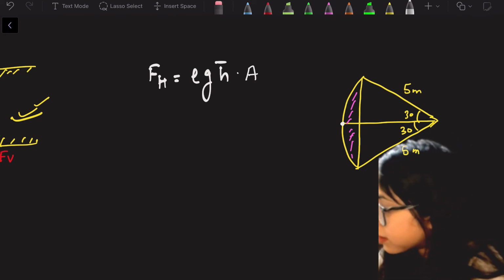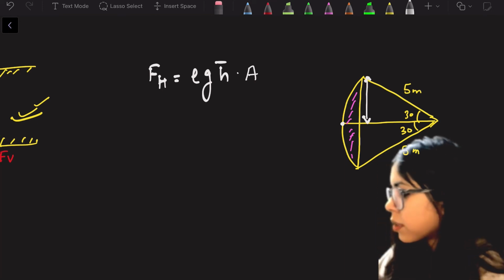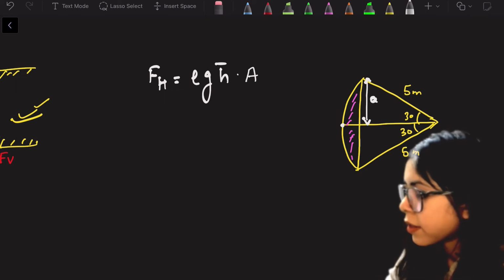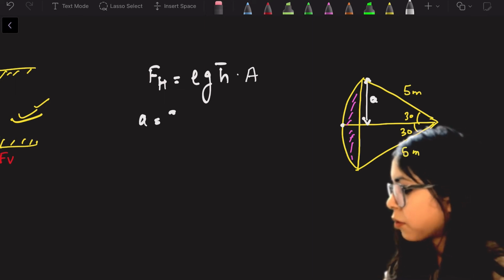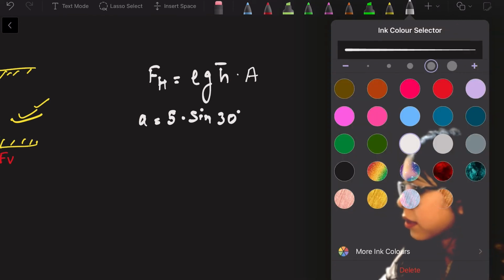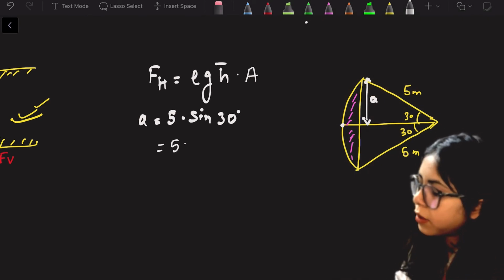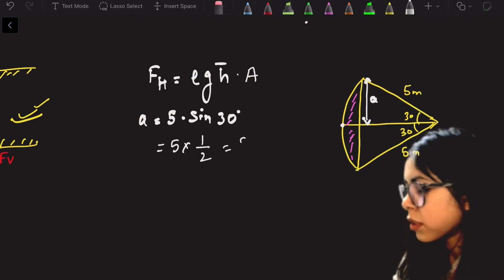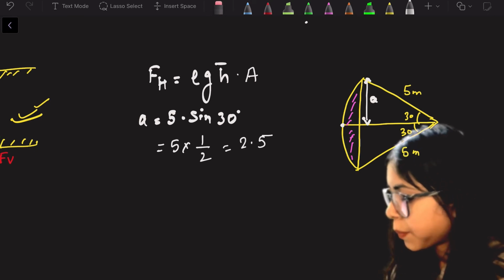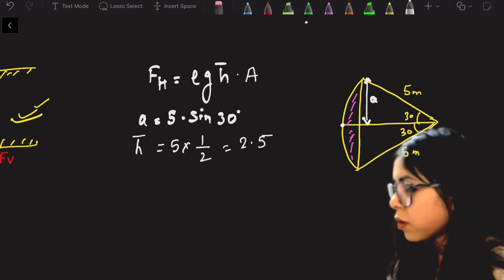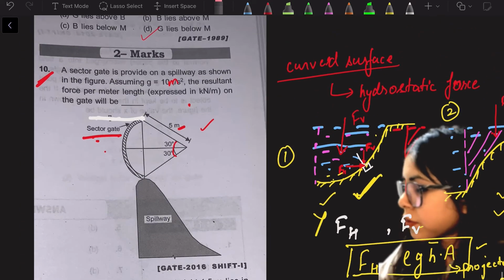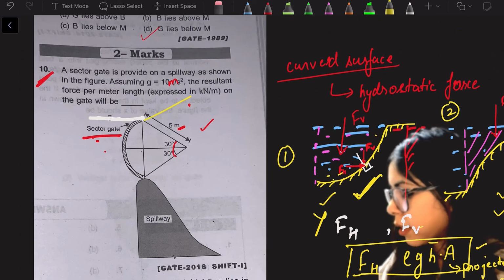So that will act at this particular distance, let's say it is A, right? So A is nothing but 5 into sine 30 degree. So that I get 5 into sine 30 is 1 by 2. So it is 2.5. So A is nothing but H bar. So this is H bar. Now I have to calculate the area. See, they have not given the length of the body in this direction, right?